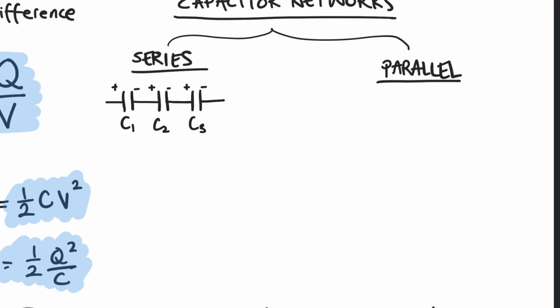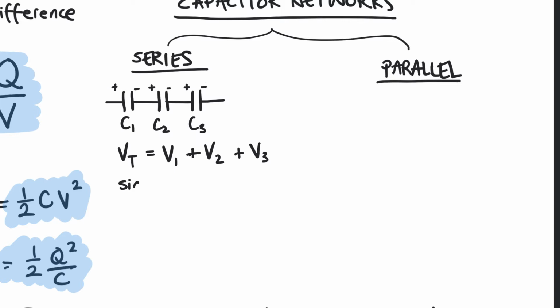Well, in any series circuit, we know that the energy or the voltage is going to be shared out between those different components. So that actually means that the total voltage across these 3 capacitors would be equal to the voltage across the first, plus the voltage across the second, plus the voltage across the third.